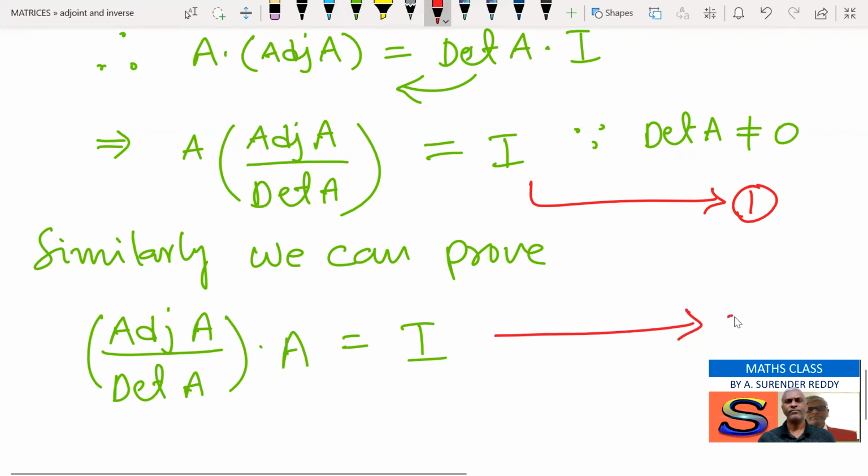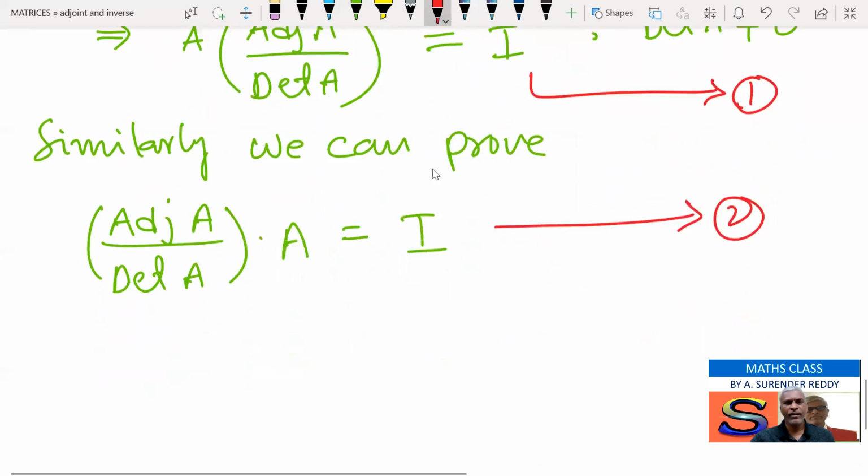Almost similar. A into adjoint A by det A is the unit matrix I. Similarly, we can prove if you take adjoint into A, you will get the same thing.